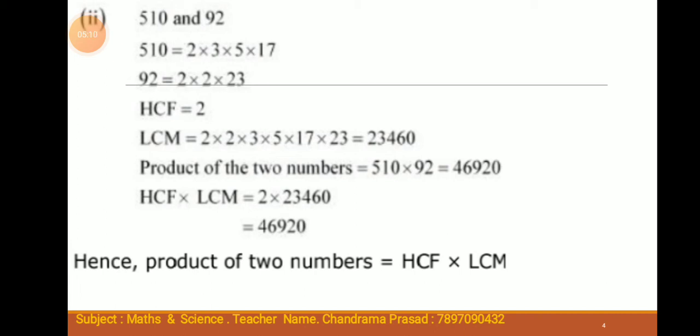Now, the product of the two numbers equals 510 into 92 equals 46,920, and the product of HCF into LCM equals 2 into 23,460 equals 46,920. Hence, the product of two numbers equals HCF into LCM. Students, you can solve the third part yourself.